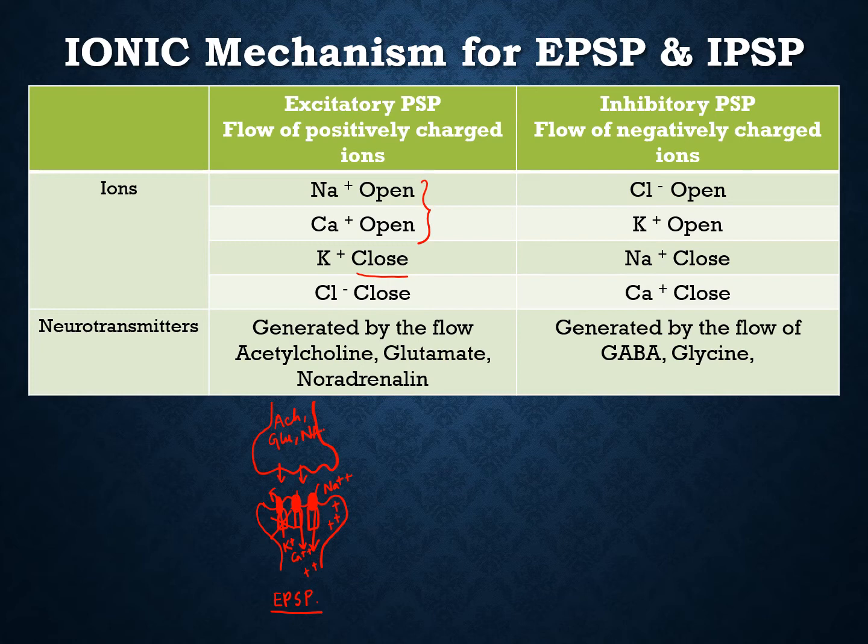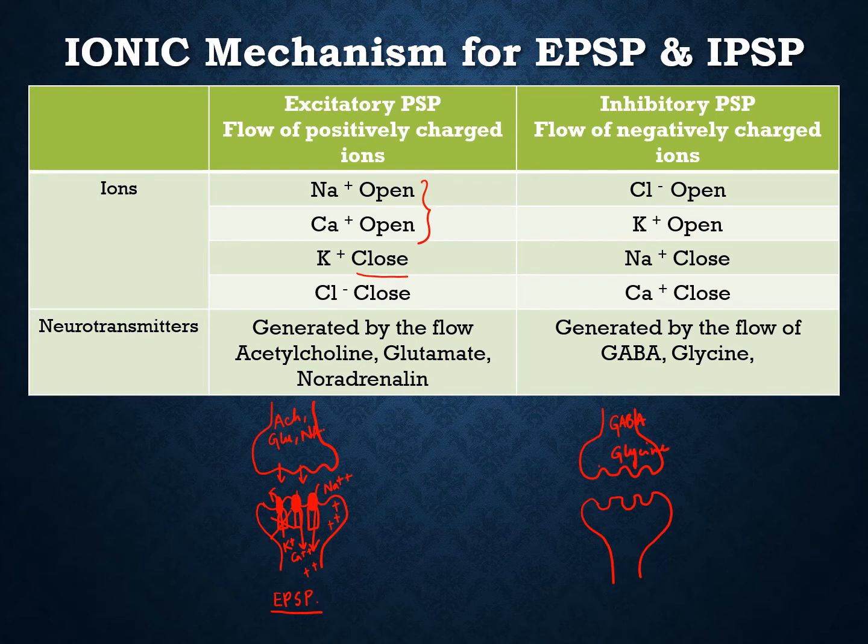Suppose for inhibitory postsynaptic potential, what happens? This is the presynaptic neuron and this is the postsynaptic neuron. In the presynaptic neuron, inhibitory kinds of neurotransmitters are present. Inhibitory neurotransmitters means we can consider GABA, gamma aminobutyric acid, or glycine.